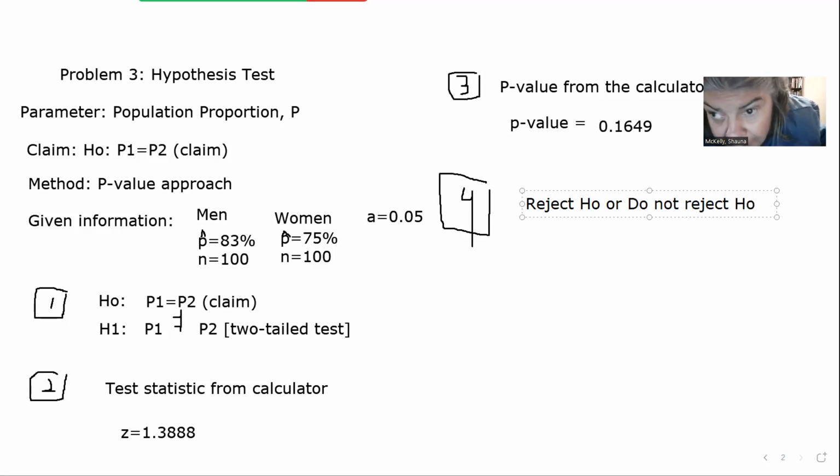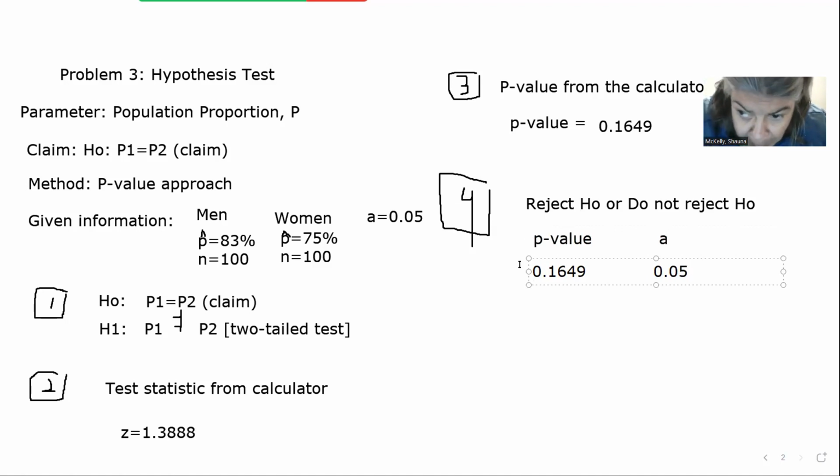Okay. Now, if you compare your p-value to your alpha region. Your p-value was 0.1649. Your alpha region is 0.05. How does your P compare to alpha?